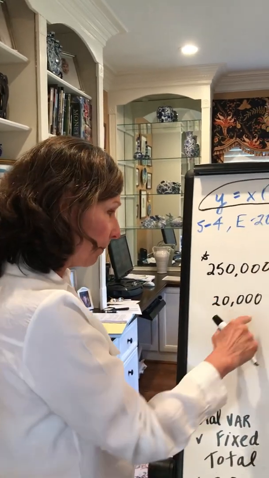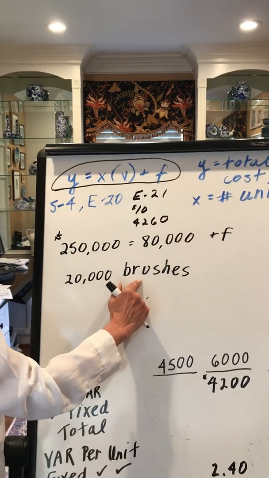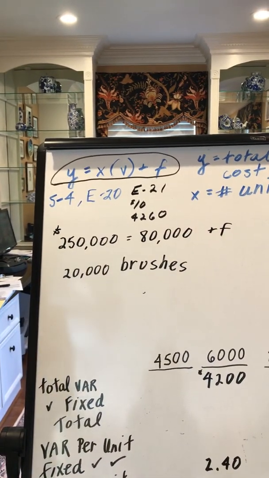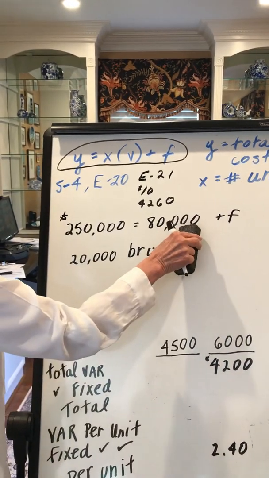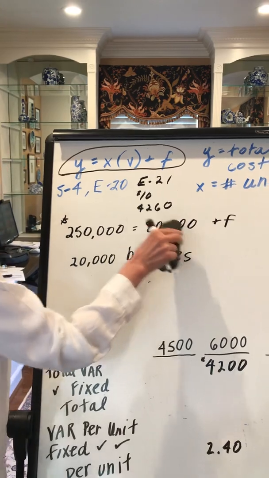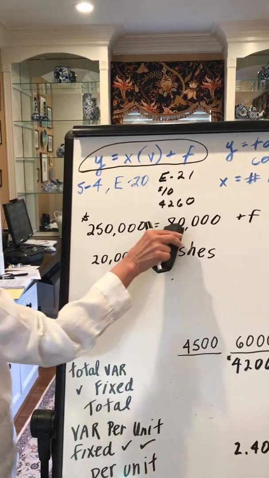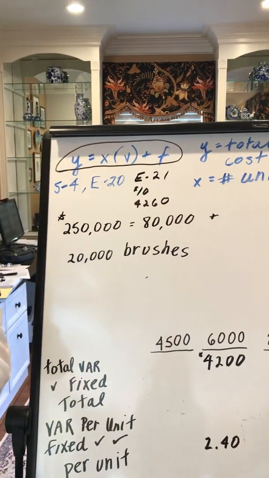So if they have 20,000 brushes, the first question is, what are their fixed costs? $80,000 plus what gives us $250,000? 15 minus 8 is 7, so $170,000.